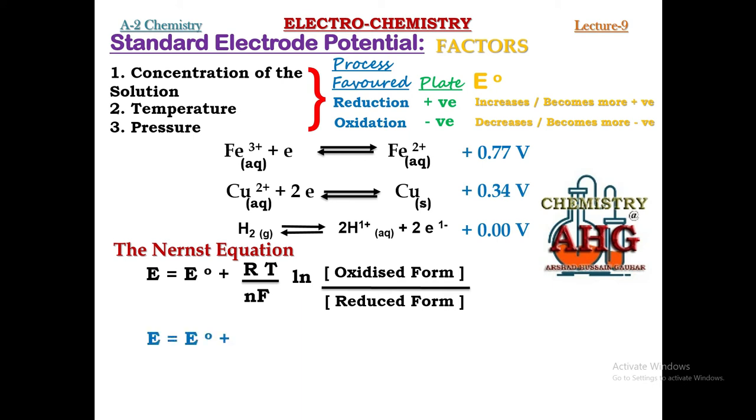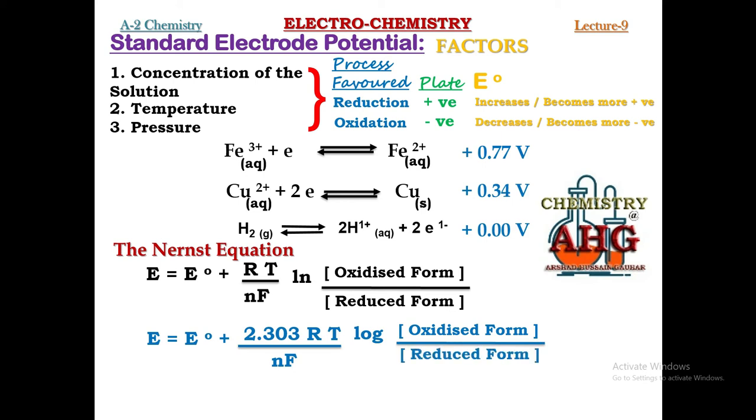E is equal to E naught plus 2.303 RT divided by NF log of the concentration of the oxidized form divided by the concentration of the reduced form.